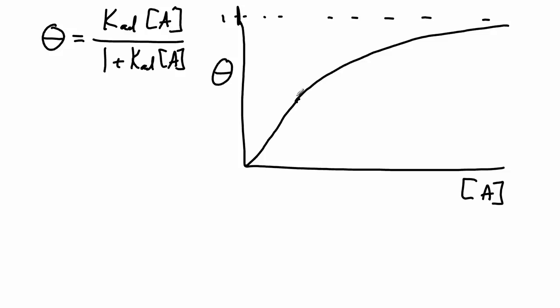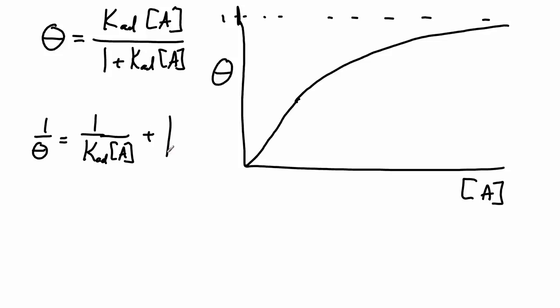If we want to make a linear graph, we can just take the reciprocal of both sides. So we get the reciprocal of the surface coverage. If we take the reciprocal, we can see you have 1 over Ka times the reciprocal concentration, and we have Ka over Ka, so we have 1 over Ka concentration of A plus 1.